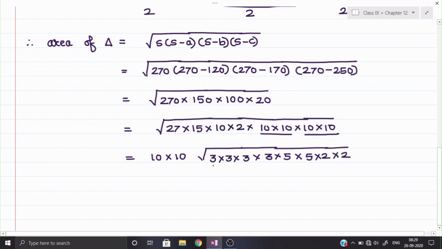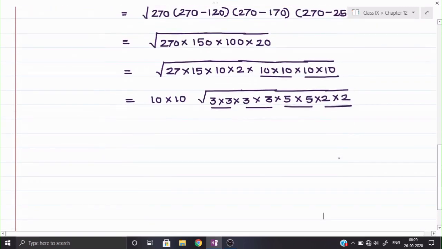So now see, one pair of 3 is complete, a second pair of 3 is complete, one pair of 5 and one pair of 2 complete. Every pair is complete, no number remains unpaired. So let us take those numbers outside. Here it remains 100 into 3, into 3, into 5, into 2. 5 into 2 is 10, and 10 multiplied by 100 becomes 1000, and 3 into 3 is 9.